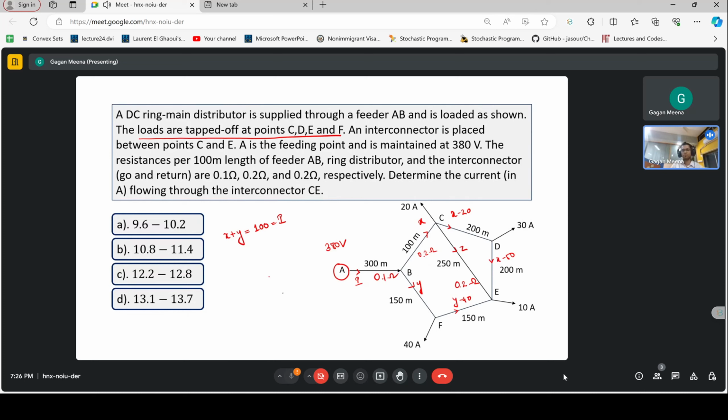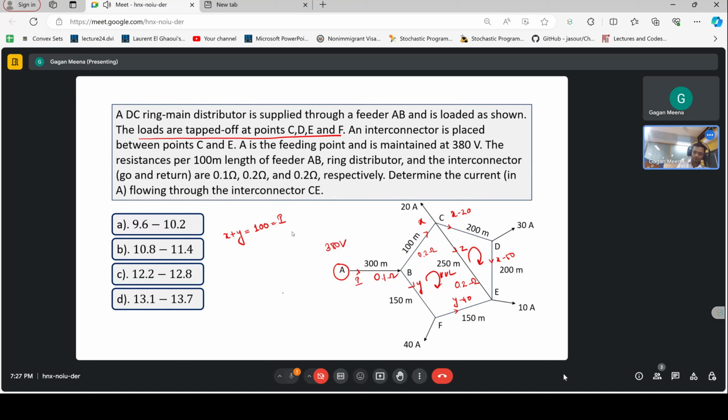First one is I2 into X. You can see here this is 1 ohm, 1 to 2 ohm. So 0.2 into X plus Z into 2.5 into 0.2 is equal to Y minus 40 into 1.5 into 0.2 plus Y into 1.5 into 0.2.